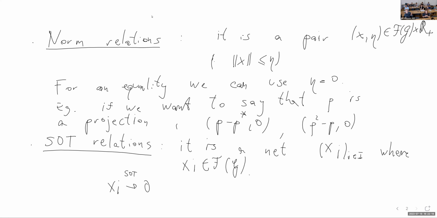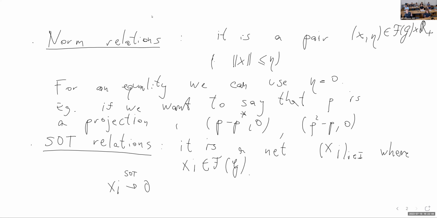So you are asking how this topology is defined. The net xi converges if, once it is represented in a Hilbert space, you fix a vector psi and then the net of vectors xi applied to psi tends to 0, for every fixed psi.